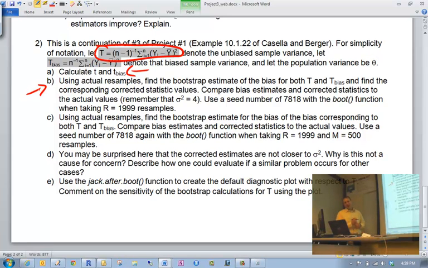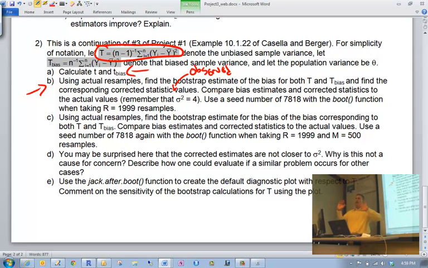And part B then, using actual resamples. Now remember, we just went through all the derivations without the resamples. What I want you to do here is for this data set, with actual resamples, find the bootstrap estimate of the bias for both T and T bias. And find the corresponding corrected statistic, observed values. Let me just emphasize, observed.